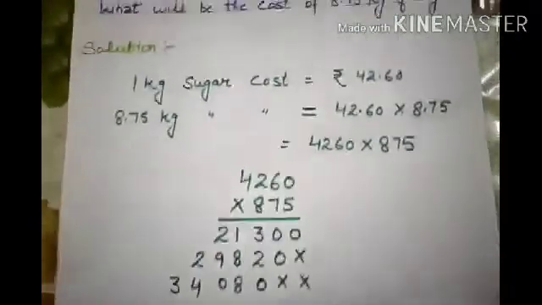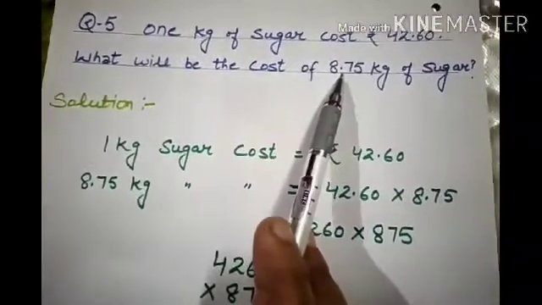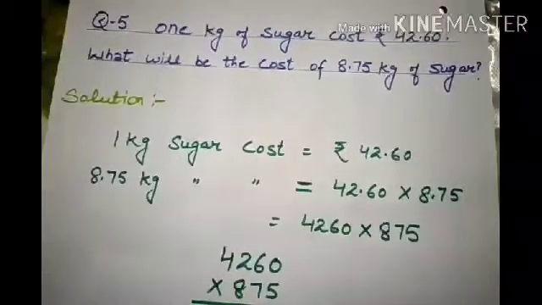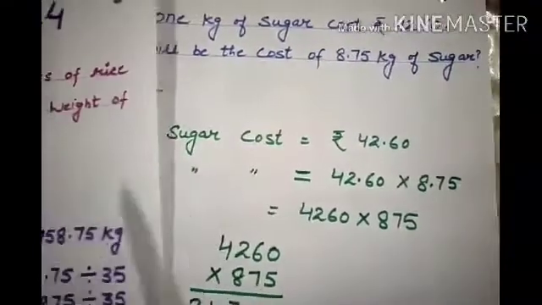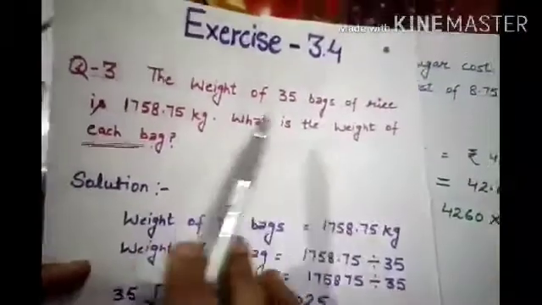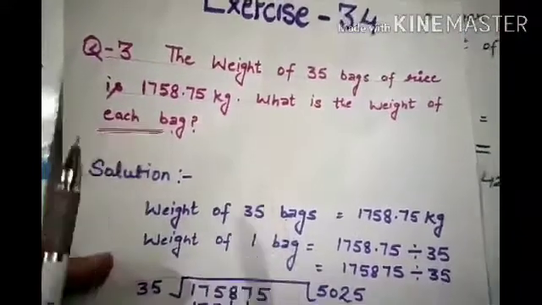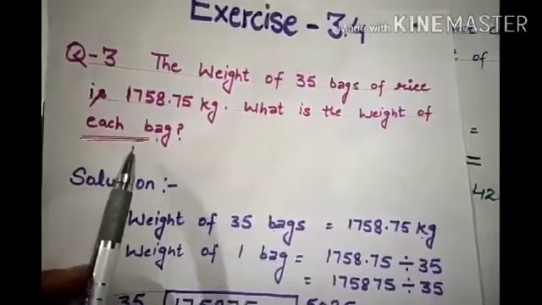That is, 1 kg of sugar costs this. What will be the cost of 8.75 kg of sugar? It is a very simple question, but what is the difference between question number 3 and question number 5? In question number 5, the given value is 35 bags of rice, and we have to find the weight of each bag. And as I told you earlier, when we have to find the cost of each bag, we use the division operation.